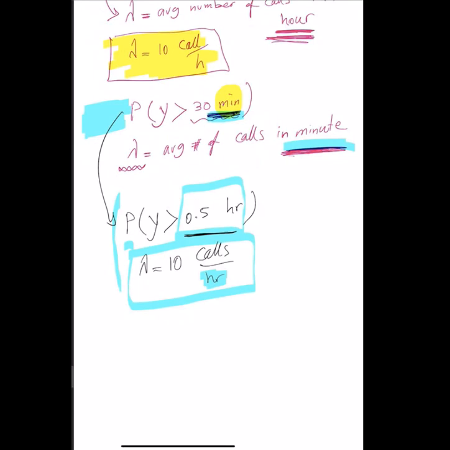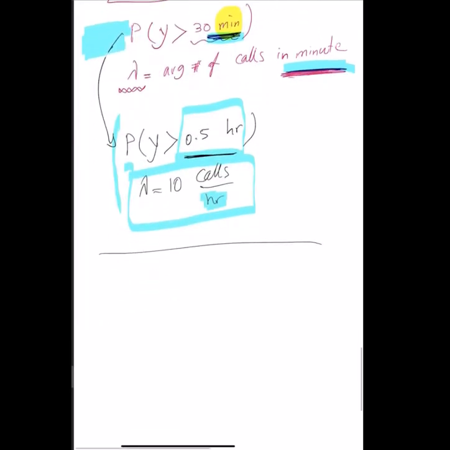For example, in question 2, it says number of cracks in a section of highway have Poisson distribution.